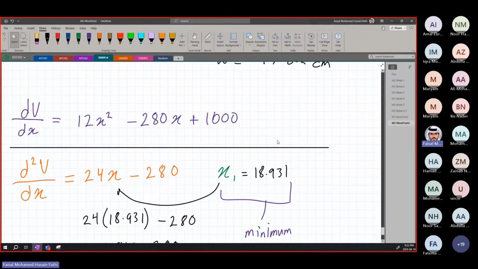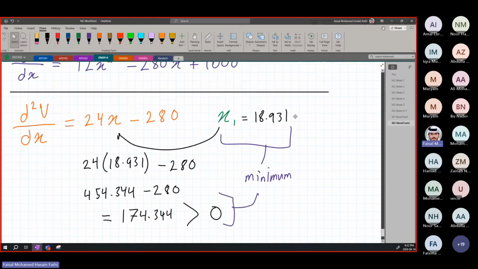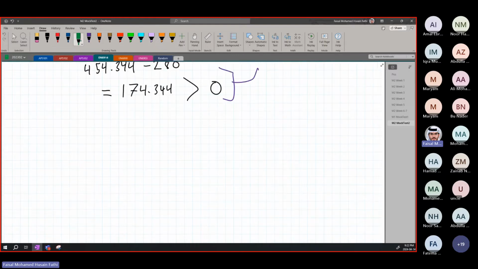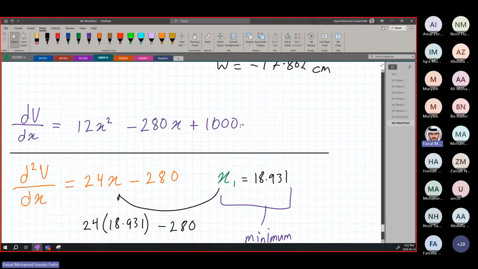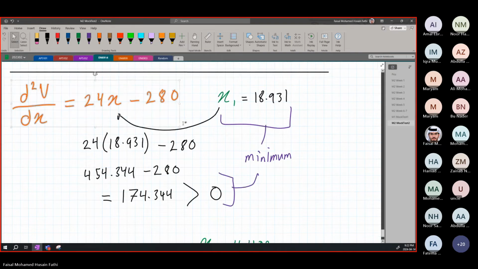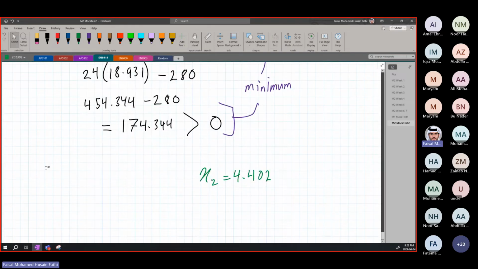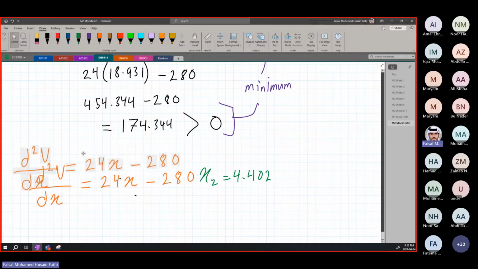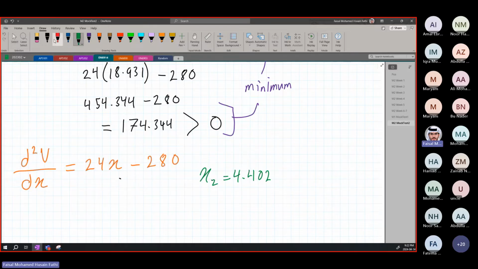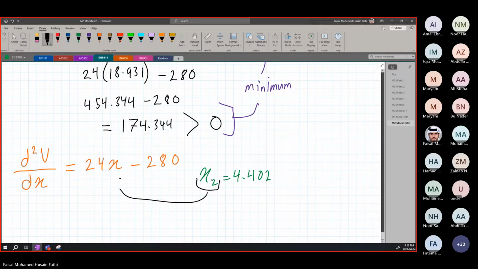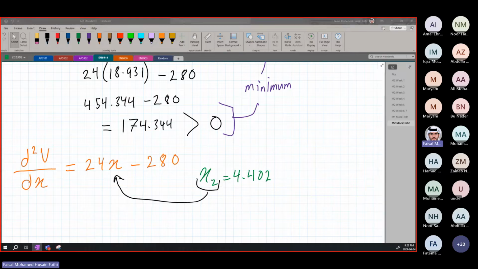And when you substitute the second x, so x2 is 4.402, into the same equation over here, we're just going to substitute this x into x over here.